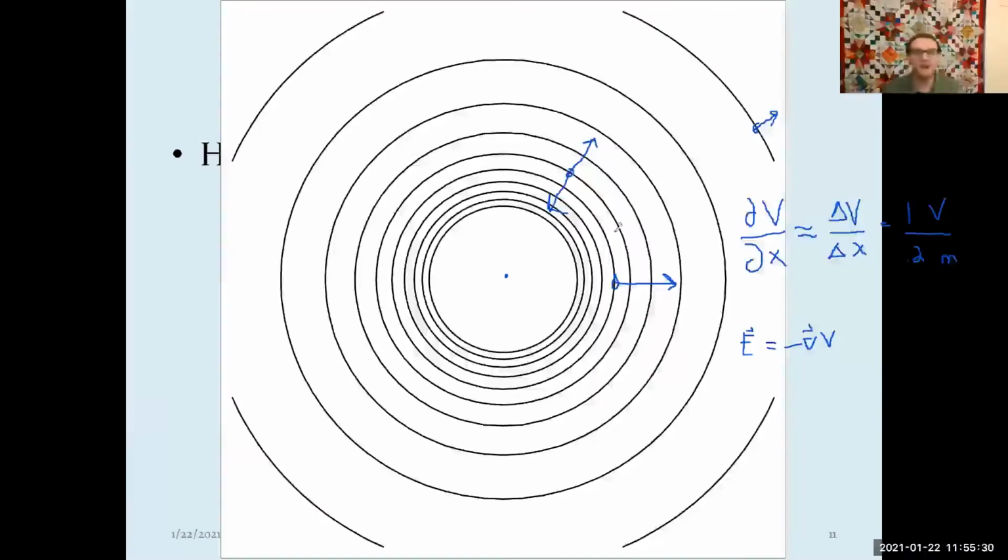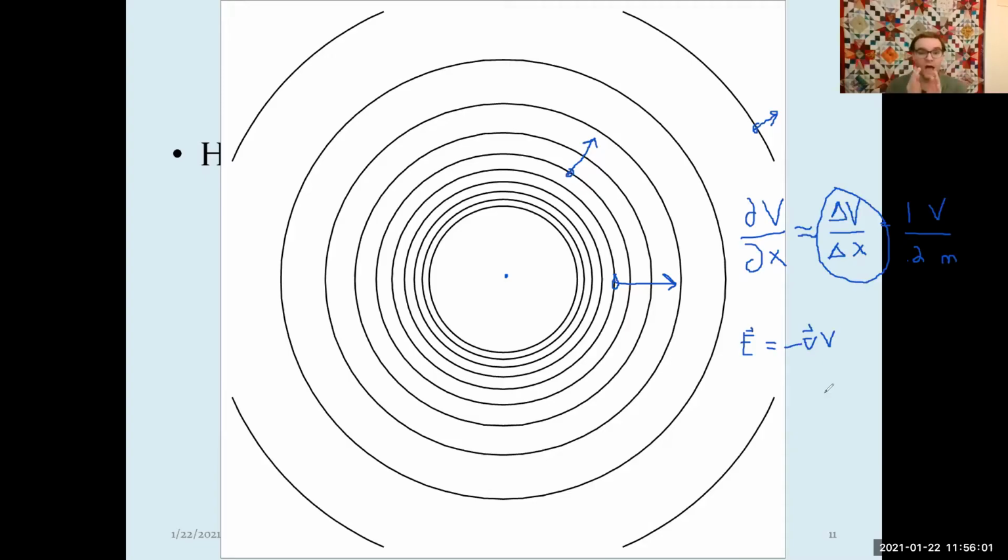Now, the other question you might have is, how do I know how big to make the electric field arrows? If this is your process for thinking about the derivative, a change in voltage divided by a change in position, the equipotential map has built into it the feature that the potential difference is equal between adjacent lines, which means the thing that matters is how close those lines are together.